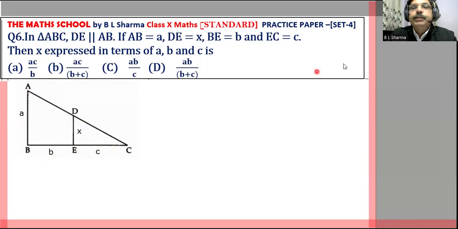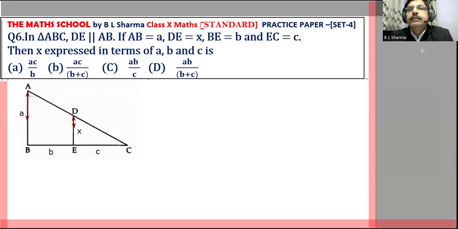देखिए, जब ये दो लाइन पैरेलल है तो हमें ये देखना पड़ेगा कि, when the two lines are parallel, this line is parallel to this line. When two lines are parallel, it means corresponding angles are equal.